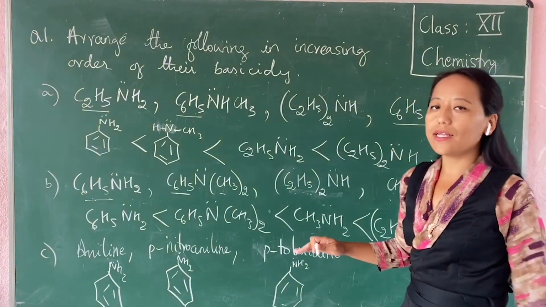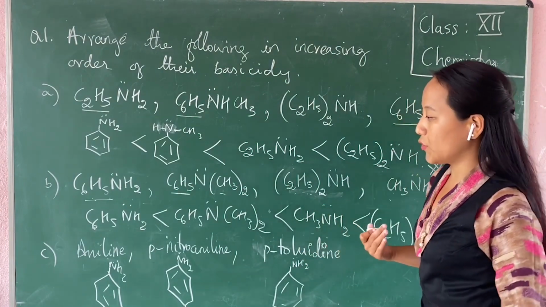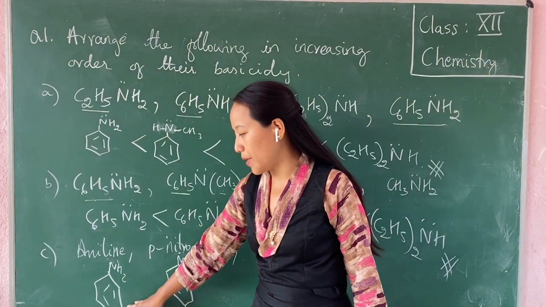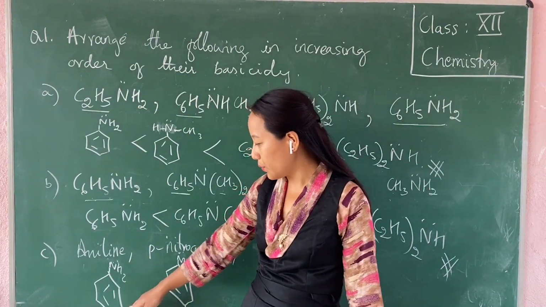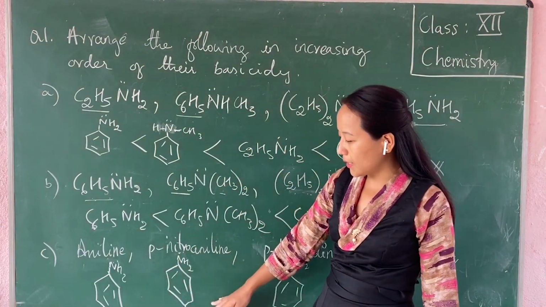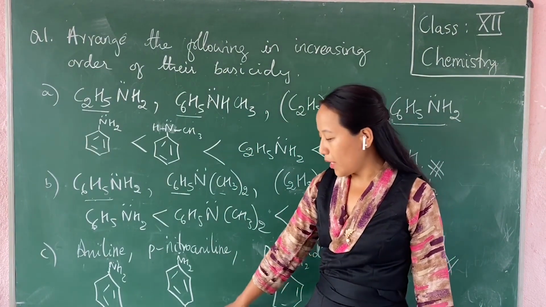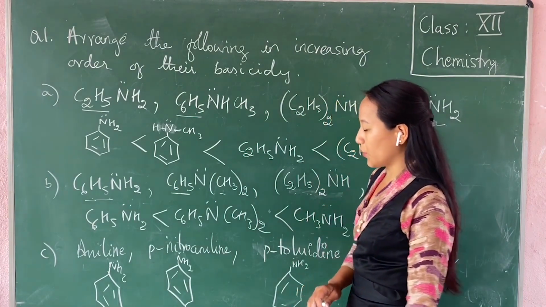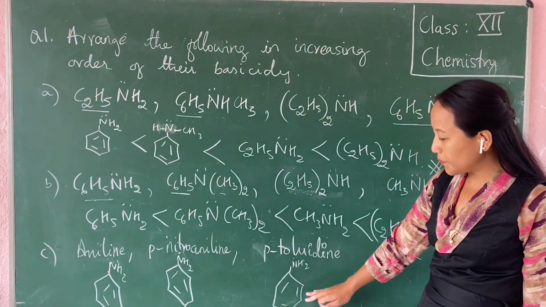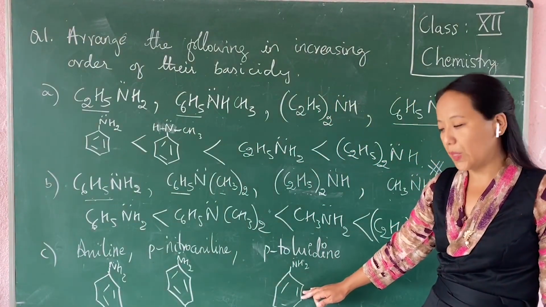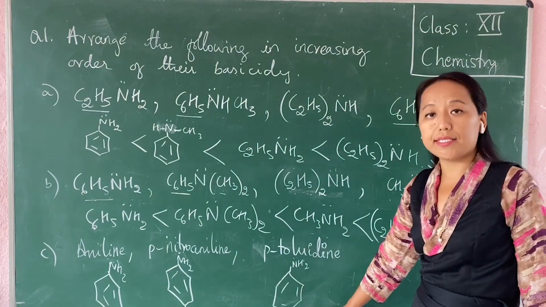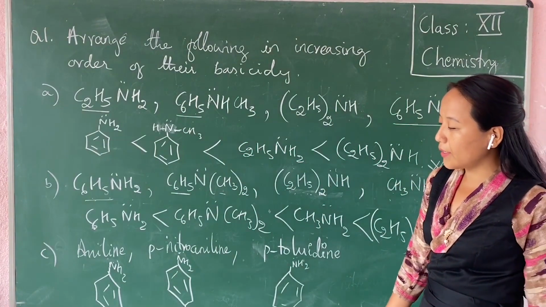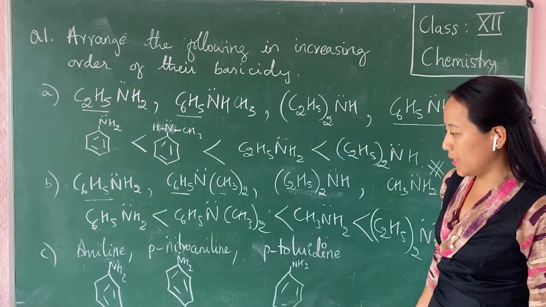Okay, so if you look at the electron donating and electron withdrawing effects, you can see that aniline has got one benzene ring which acts as an electron withdrawing group, whereas in this case you have two electron withdrawing groups. NO2 is also an electron withdrawing group, the benzene ring is also an electron withdrawing group, whereas in this case there's an electron withdrawing group present, but it also has an electron donating group, that is your CH3 group.